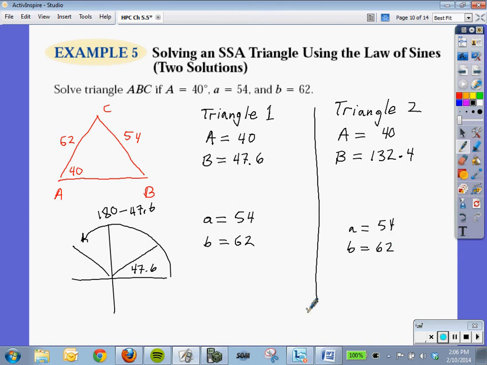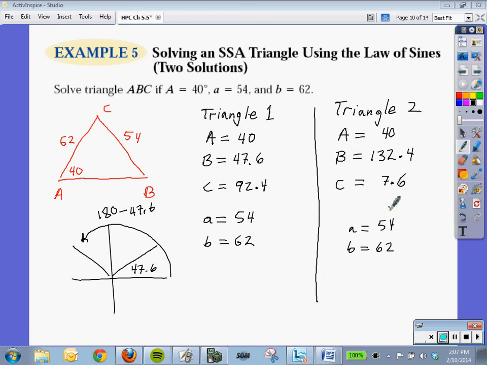To find out what the other angle is, we need to add these values up and subtract them from 180. So for triangle 1 here, I added up A and B and subtracted them from 180 to get angle C. And for triangle 2, I added up A and B and subtracted that from 180 and got 7.6.